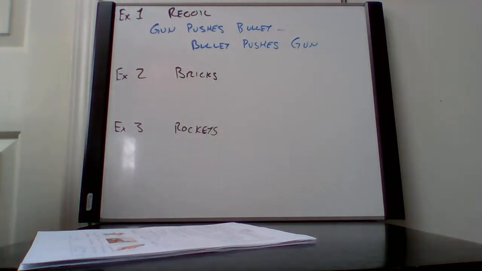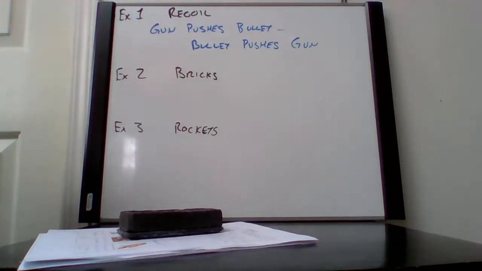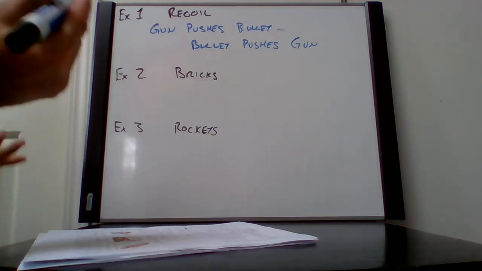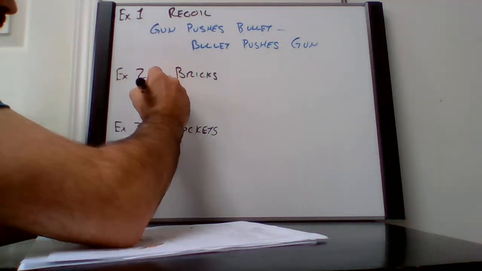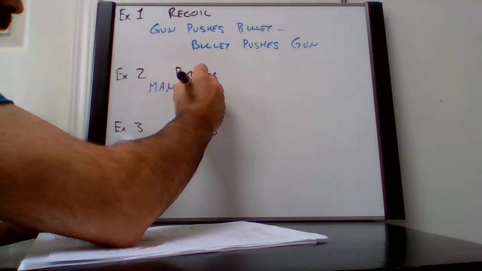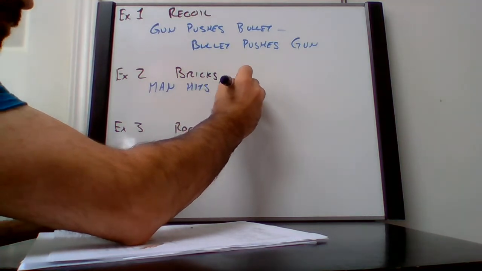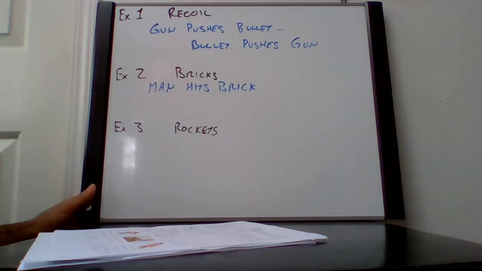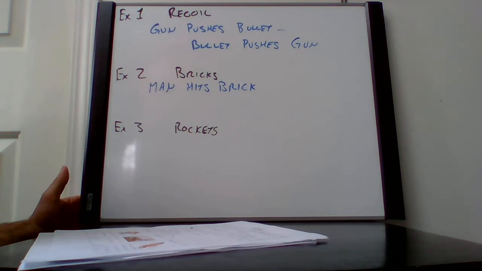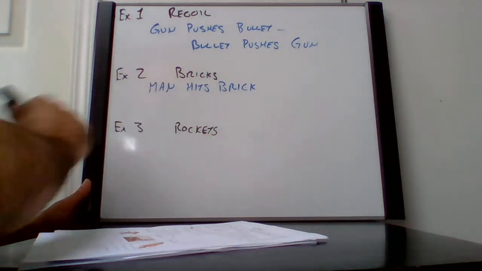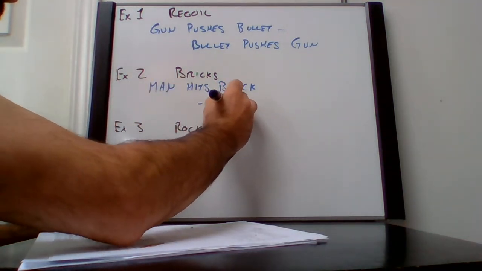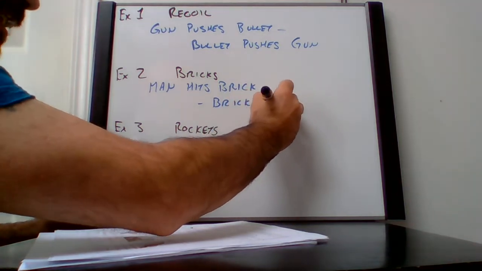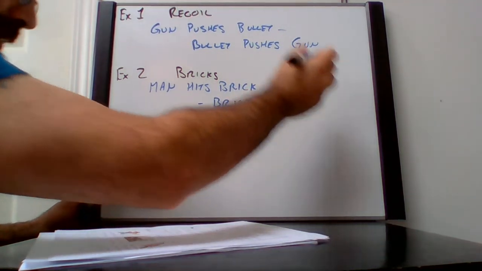Another example we can think of is if a karate master has his bricks laid out on the shelf here, and he chops it to crack that brick. Well, the first one that's pretty obvious here is the man hits the brick. And this is the reason that most people get hurt when they do this: not only is the man hitting the brick, but the brick is in turn hitting the man's hand.